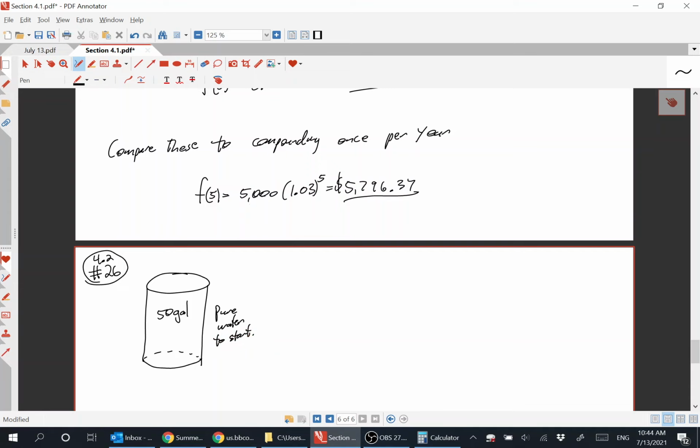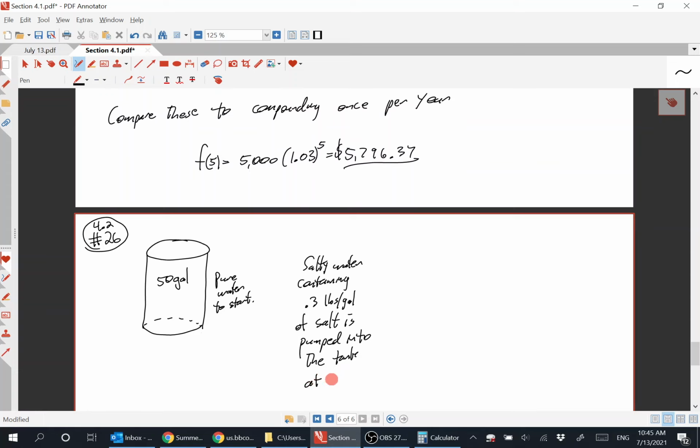And then salty water containing 0.3 pounds per gallon of salt is pumped into the tank at a rate of, oh, it doesn't even say that.